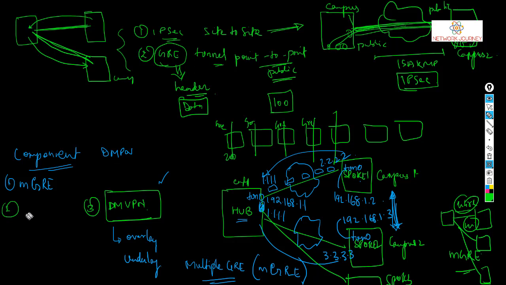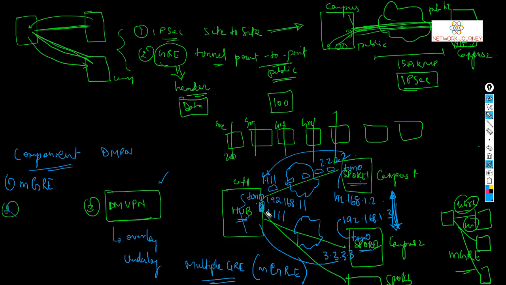Now what is the second important thing that's required? Let's say when I say that spoke 1 can communicate to spoke 2 irrespective of the hub, so let's say spoke 1 is sending some traffic to spoke 2, when it's received here on the hub, the hub has to make the decision how to send that.